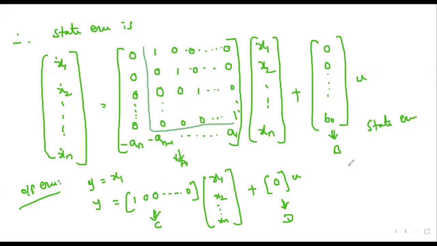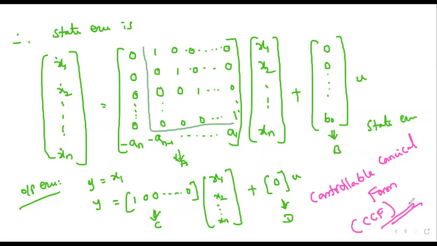Understood this? Yes, sir. And this method is called controllable canonical form. CCF, simply CCF, we call it controllable canonical form.